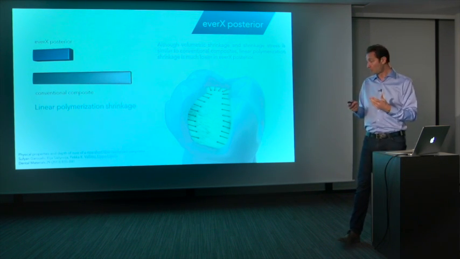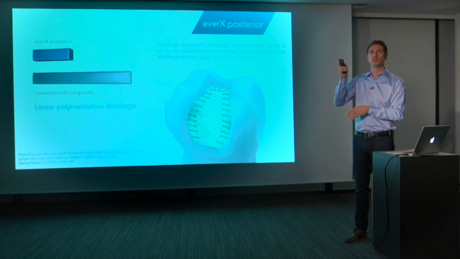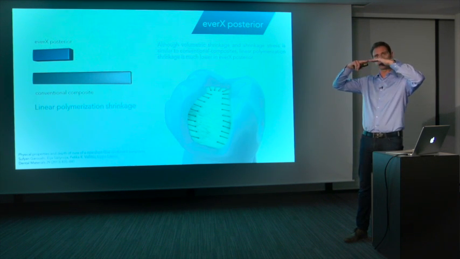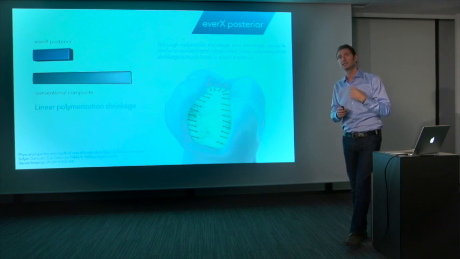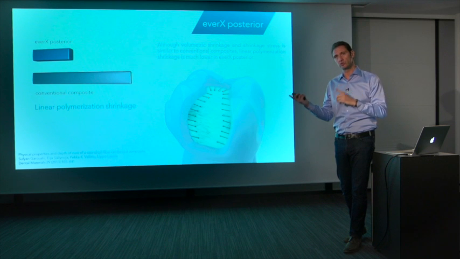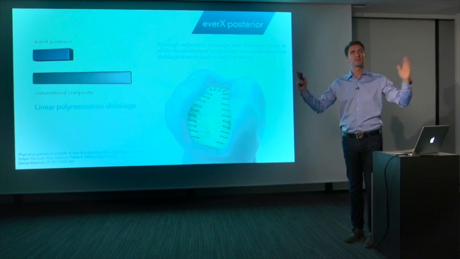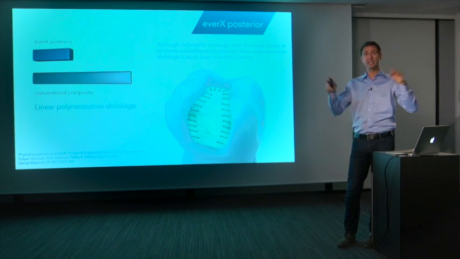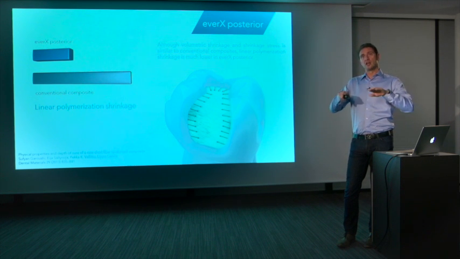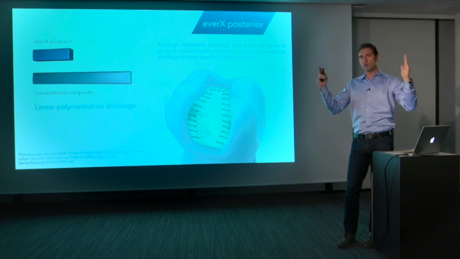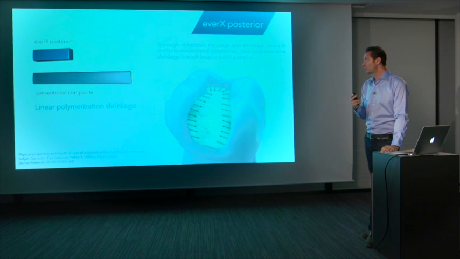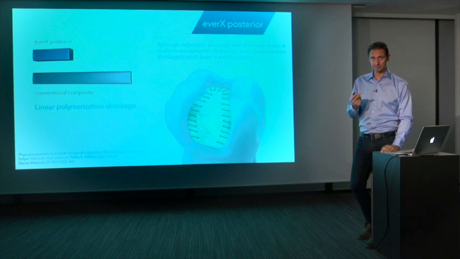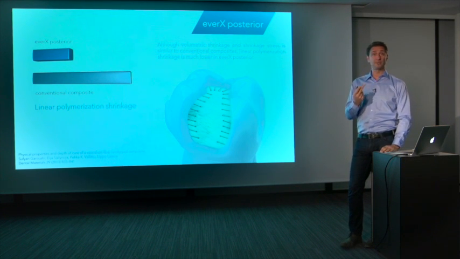You will have more shrinkage in the vertical direction, so the complete thing might shrink down, but you will not create the same stress on the walls as a regular composite. The linear shrinkage and stress on the walls is lower. And this will create a more predictable outcome and a less damaging effect.